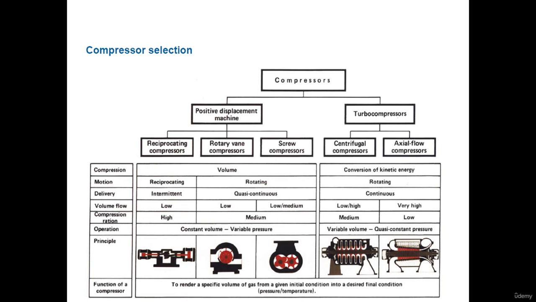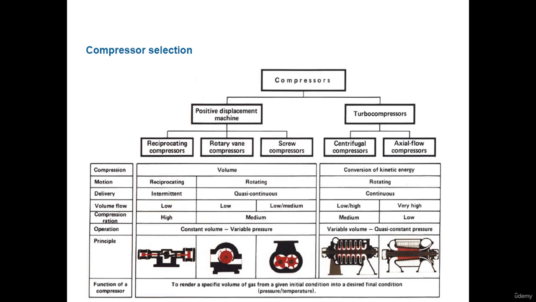While the dynamic type or turbo compressors use dynamics, so you convert the mechanical energy from the shaft to accelerate the flow, to increase the kinetic energy of the flow, to change the momentum. Then you decelerate the flow again to recover this dynamic pressure into static pressure, which is useful for the application. You don't want too much flow at high velocities; you need a static pressure.